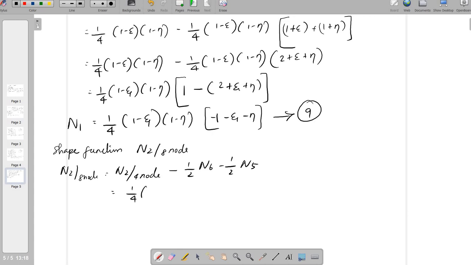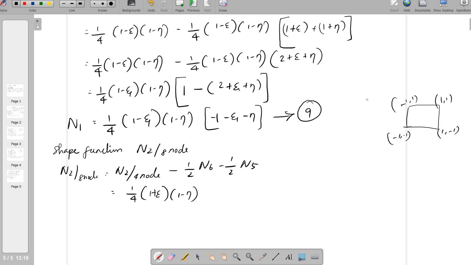1 by 4, the N2 of 4 node is 1 plus epsilon, 1 minus eta. Just have some reference of minus 1 comma minus 1, plus 1 comma plus 1, minus 1 comma 1 and plus 1 comma minus 1 for our reference.